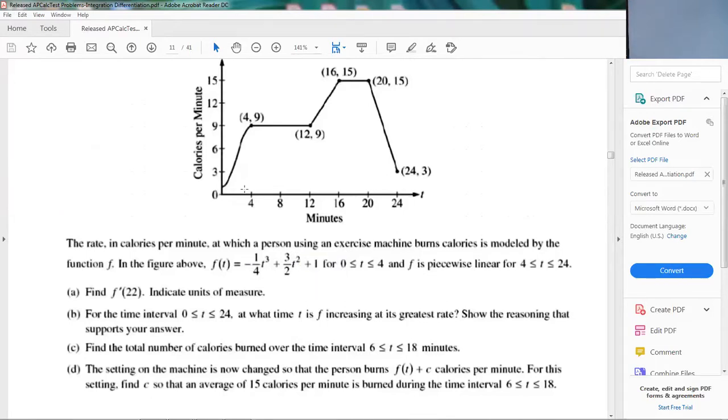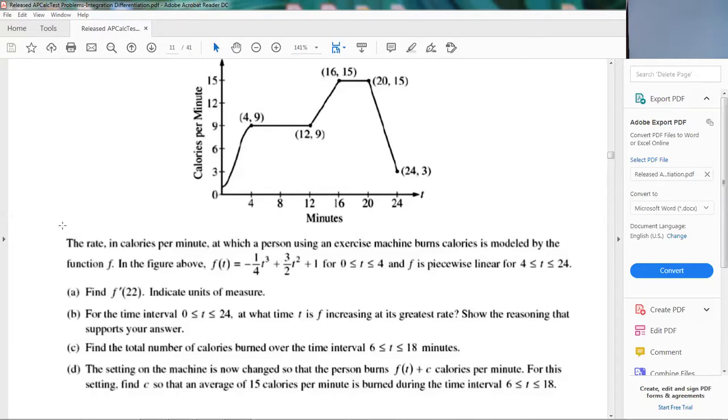Okay, so the first thing you see is a graph, a strange graph, a piecewise function, where you display calories per minute burned versus time. And then you see that there are different sections forming the graph.